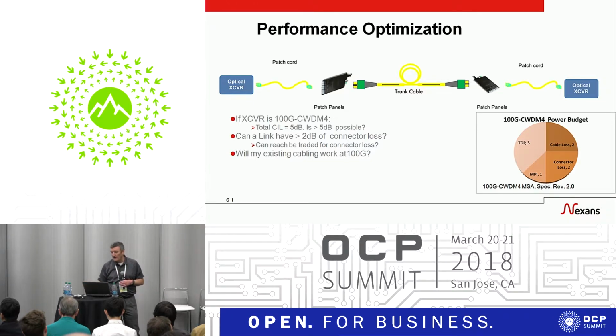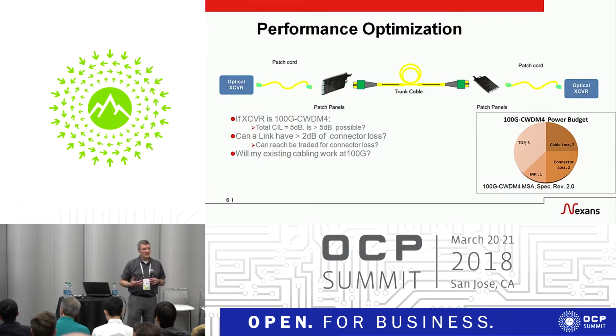He was talking about CWDM8, but in CWDM4, there are losses associated with the cable, with connectivity, interference, and dispersion penalties. All right, so that totals up to your 10 dBs, 2, 4, 5, 8 dBs. But in there's a channel insertion loss of 5. That channel insertion loss essentially is the cabling.